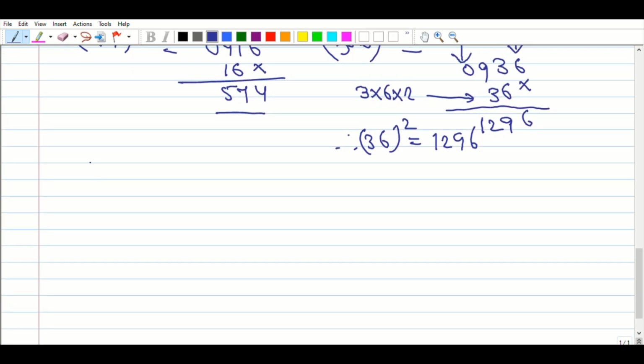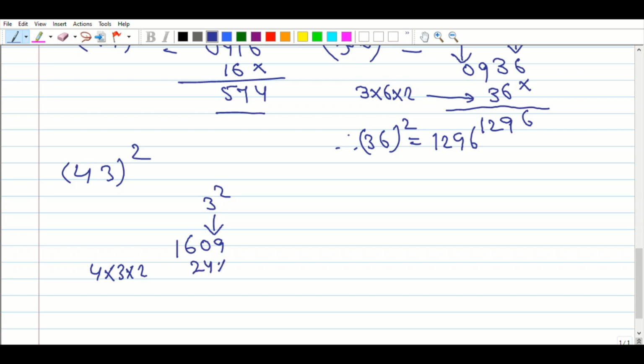You take 43. We will do now 3 square, we write 9. Okay, 4 square, 4 fours are 16, we will write. Okay, then 4 into 3 into 2, that is what? 4 threes are 12, 2 times is 24.